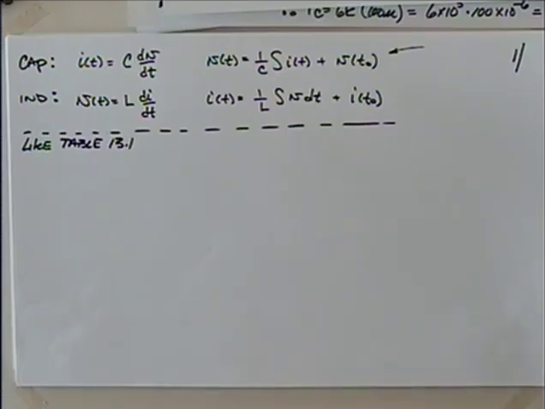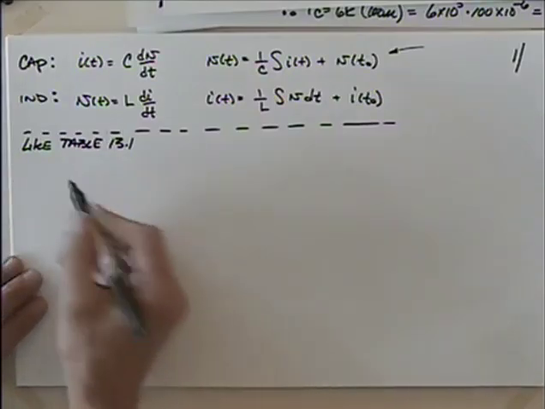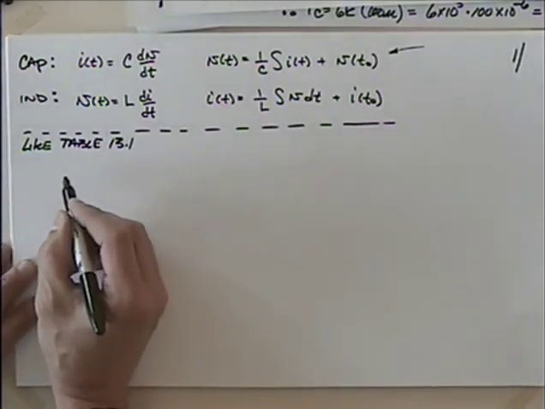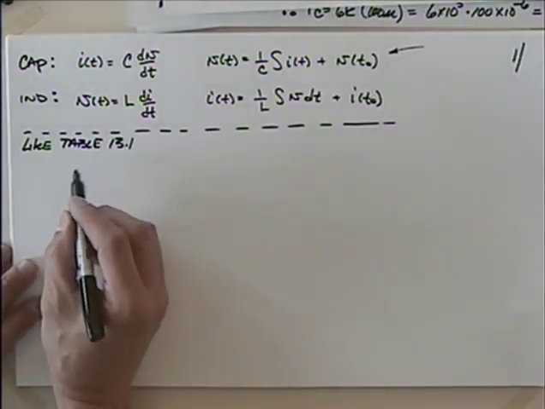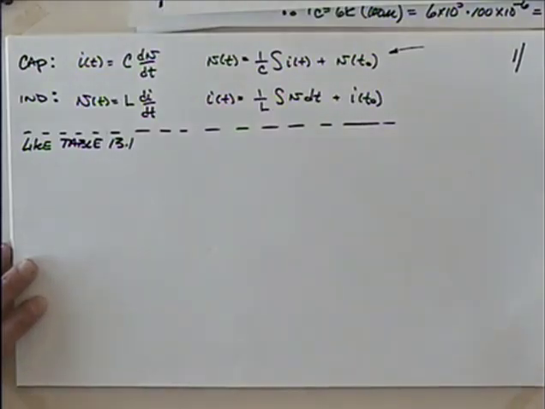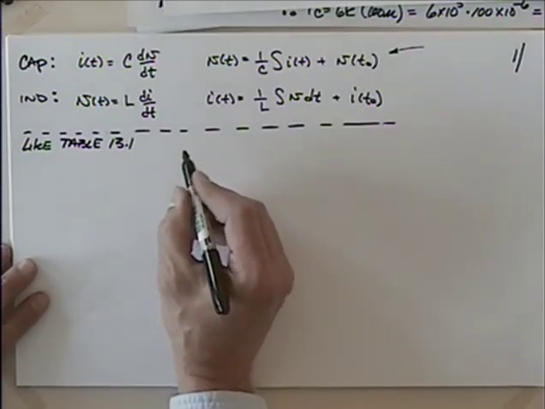Okay, I'm going to use slightly different symbols and whatnot, but the same basic thing. So what I want to do is talk about if I have something in the time domain, what that looks like in the S domain. And the first thing, the easiest one, is the resistor.